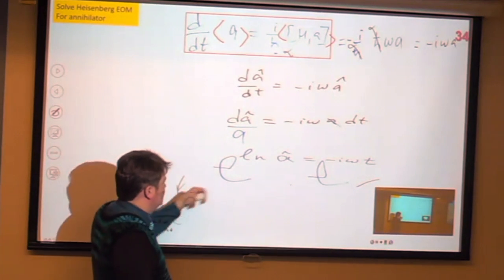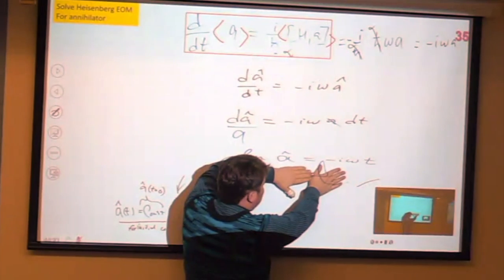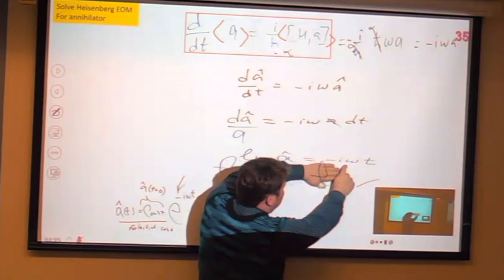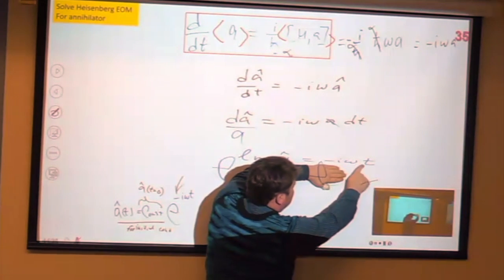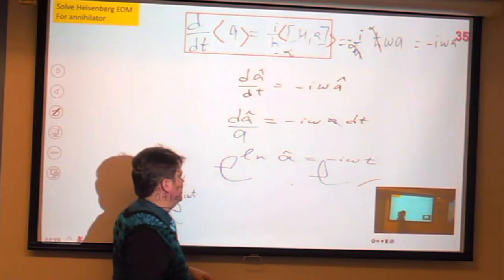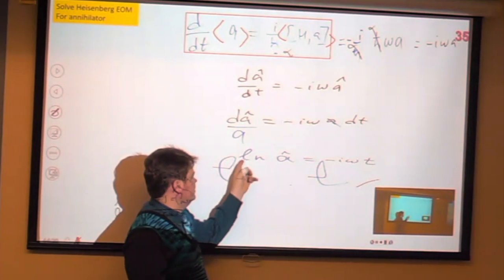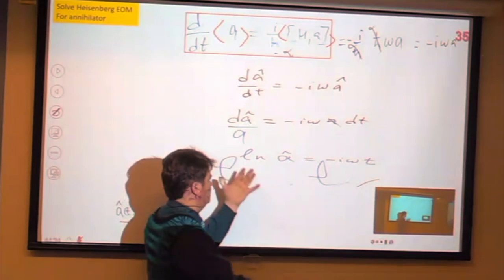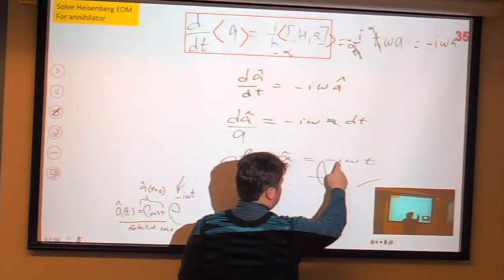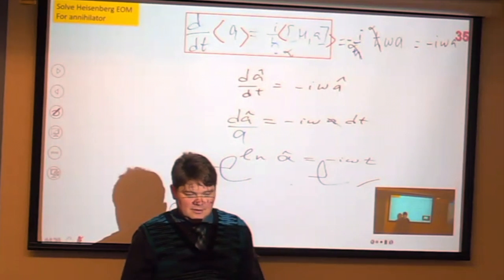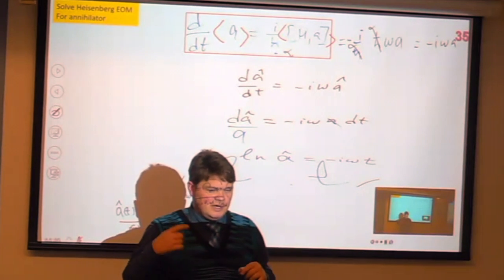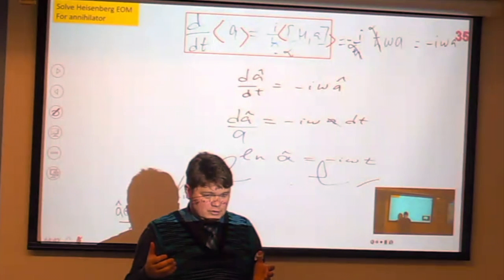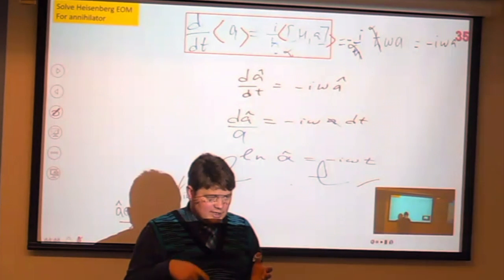And then we get the logarithm of the annihilation operator equals a constant times t. And if we put this to the power of exponential, on the right you get our favorite and main thing that comes back to us everywhere in the quantum course: complex accumulation of phase.